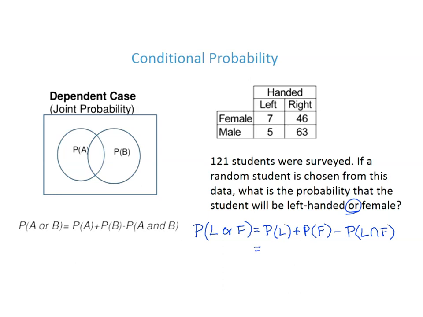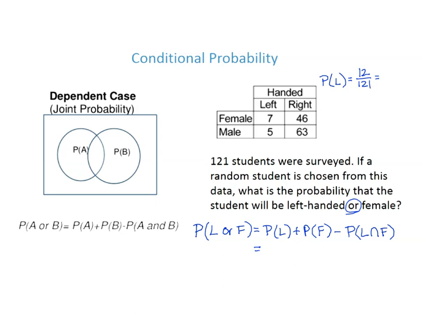So let's do the probability of being left-handed first. There were 7 females and 5 males that were left-handed. So that's 12 out of my total. So the probability of being left-handed is 12 out of 121.